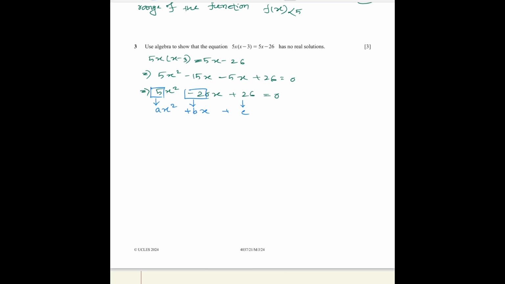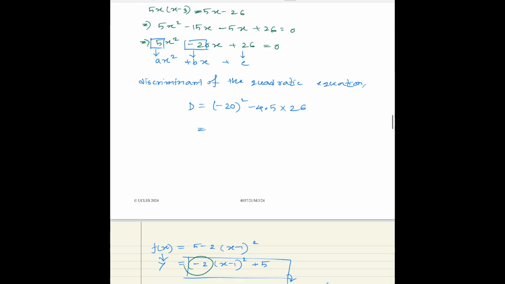Okay, so the discriminant of the quadratic, d, is how much? b squared minus 4ac, so negative 20 squared minus 4 times a, which is 5, times c, which is 26.